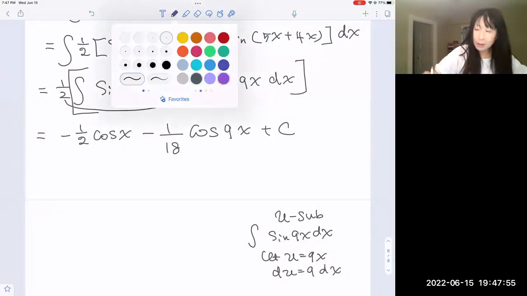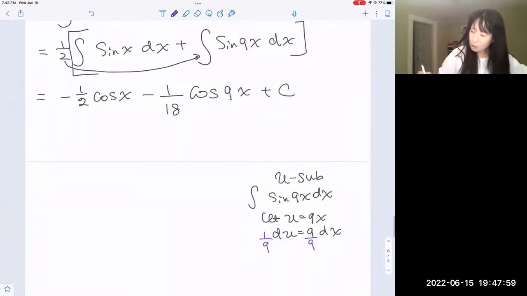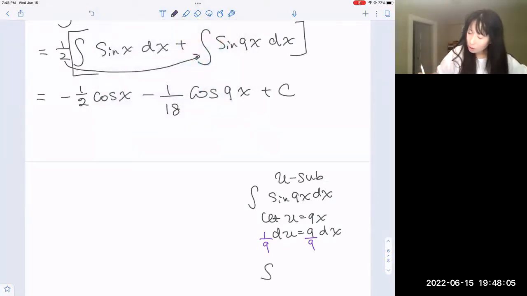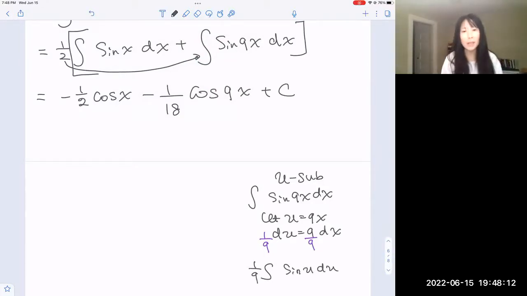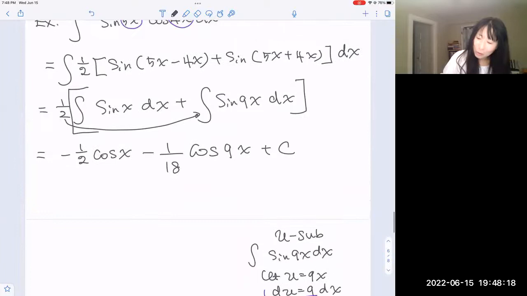We don't have a 9 there, so we divide by 9 on both sides. So this will be sine u du. That's how we got it, okay? Then 1 over 18, look, we have 1 over 9 there, right?